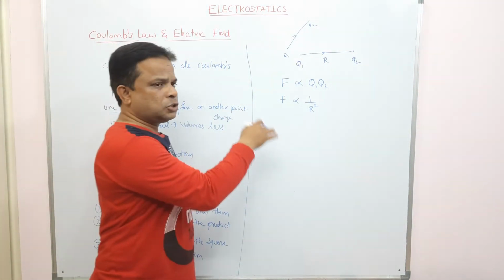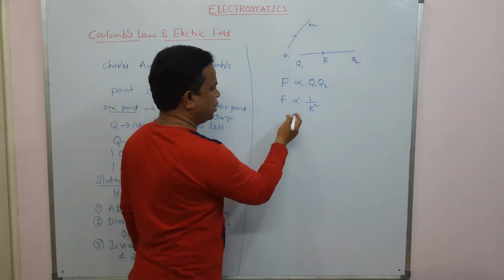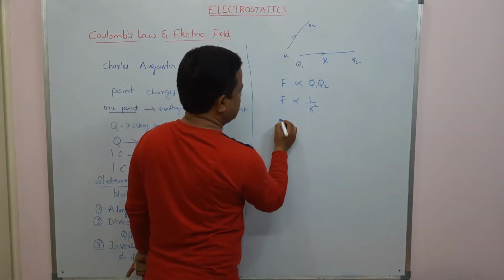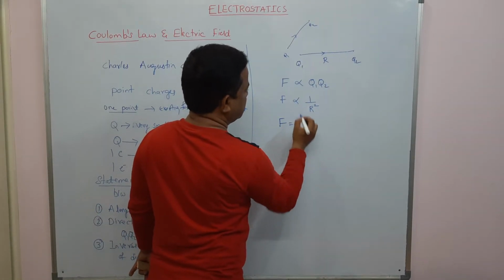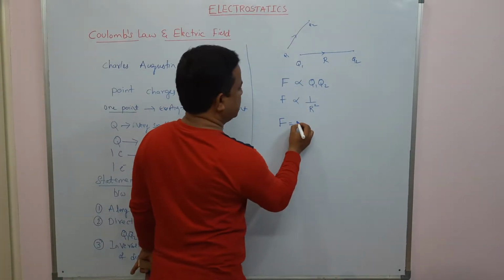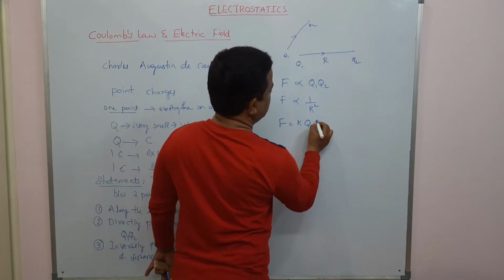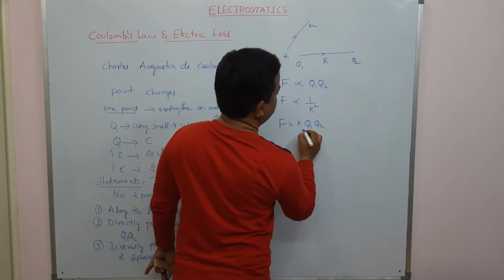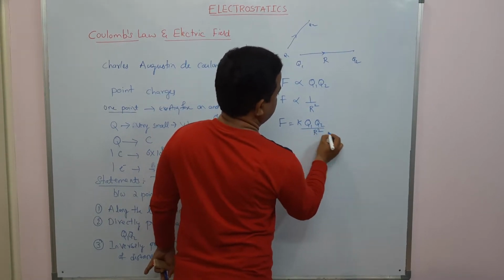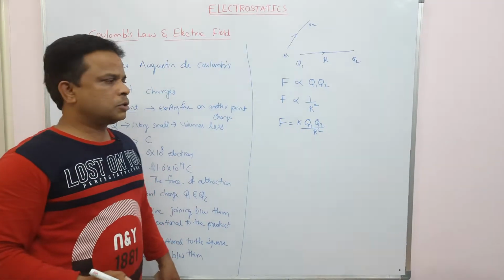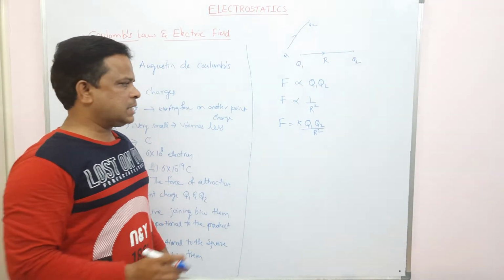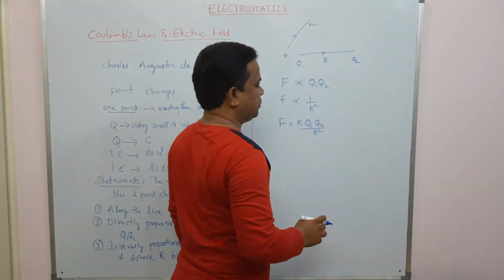If I combine these two, by introducing the proportionality constant k, I get F is equal to k into q1 q2 by r square. So q1 q2 are the 2 point charges and r is the distance between them.